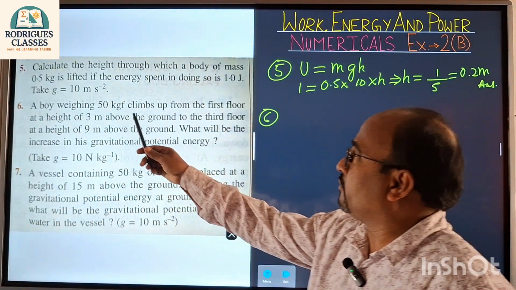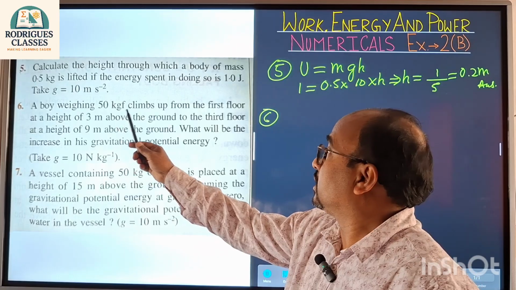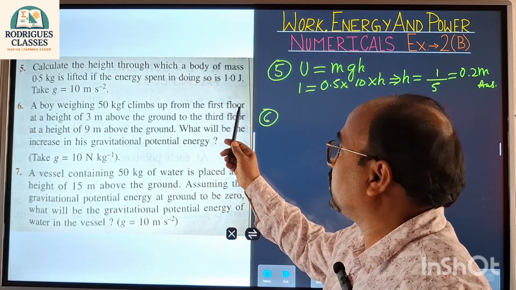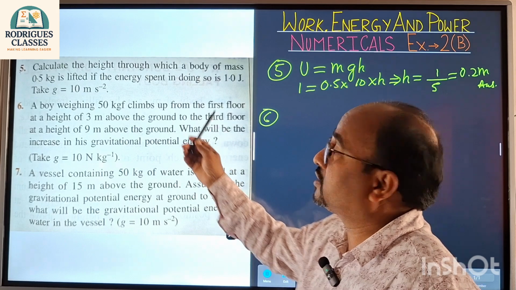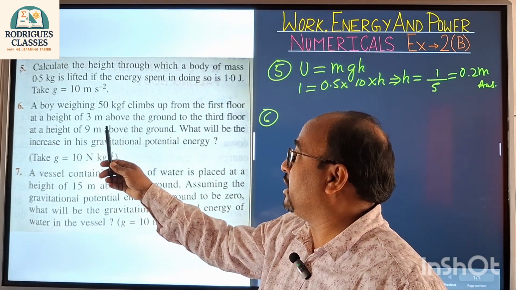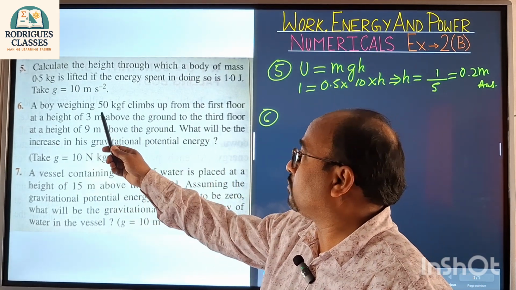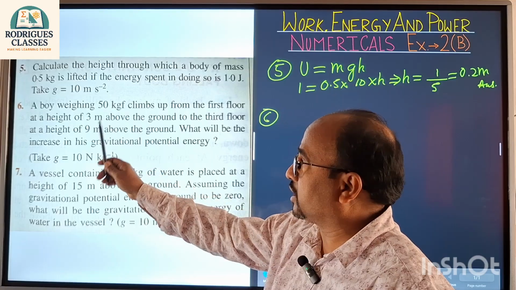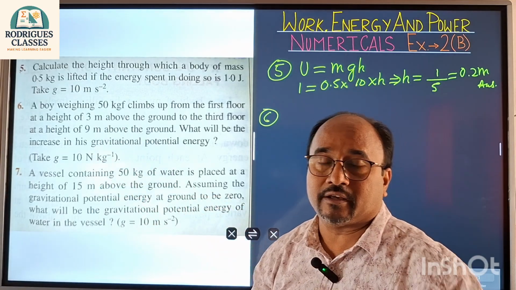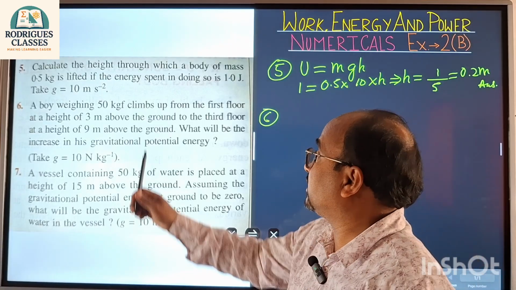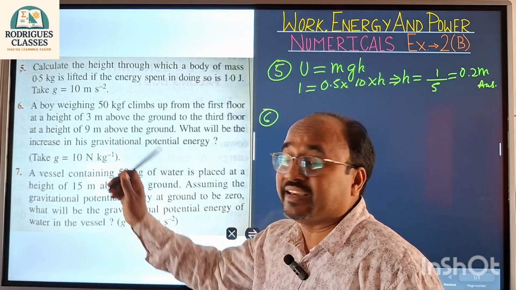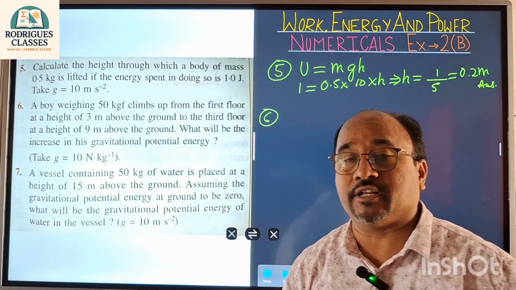It says a boy weighing 50 kgf climbs up from the first floor at a height 3 meter above the ground to the third floor at a height 9 meter above the ground. So from the first floor 3 meter to the third floor 9 meter, the gap is a distance of 6 meter. So we will have to take that, because what will be the increase in gravitational potential energy?